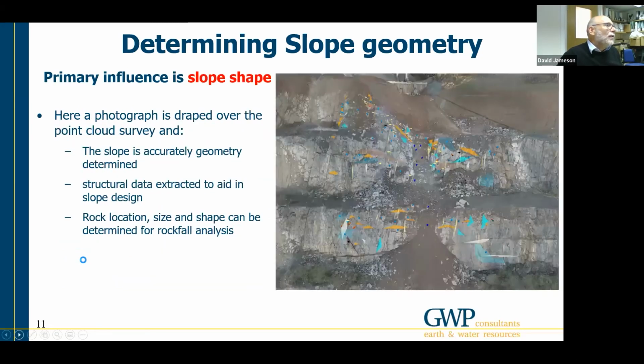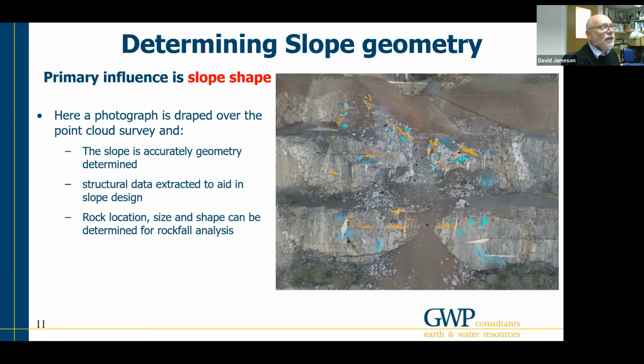Not only can we use UAV surveys to generate the slope orientations, we can also drape the photograph over the top of the triangulation generated from those surveys, and then collect structural data from those models as well. I show an example here of the rock slot developing at Bardon Hill last year, and all the structural data we can collect from that.